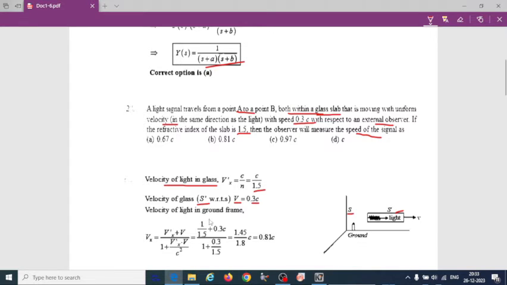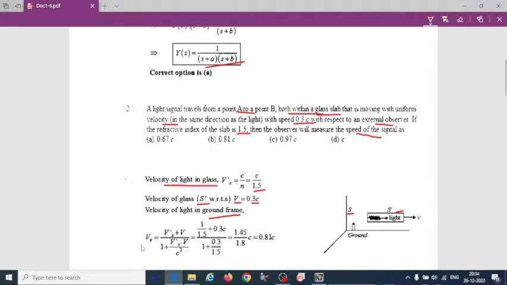Velocity of light in the ground frame means S to S prime frame. In the first frame, if we take ground frame, we call it is moving from S to S prime frame. So what is the velocity of light in ground frame? Here we have to calculate.